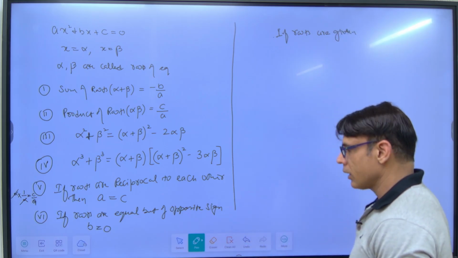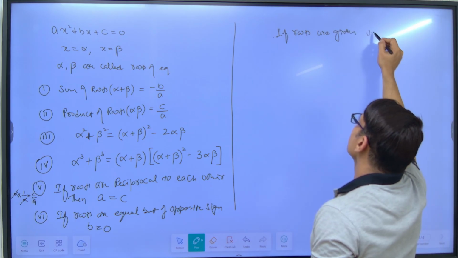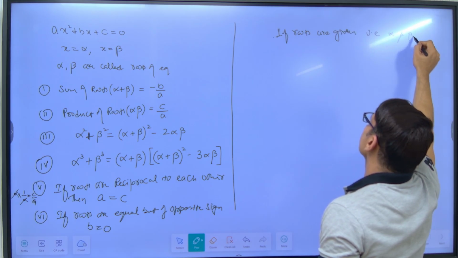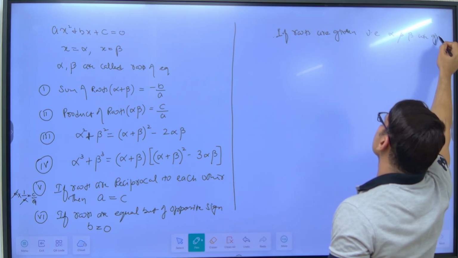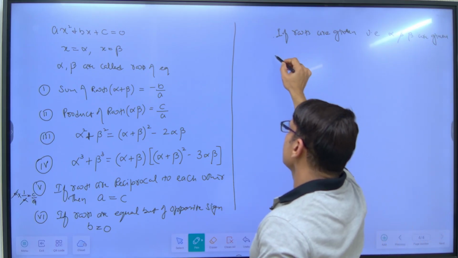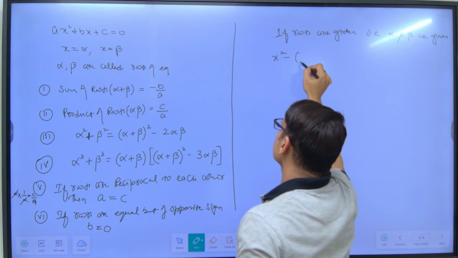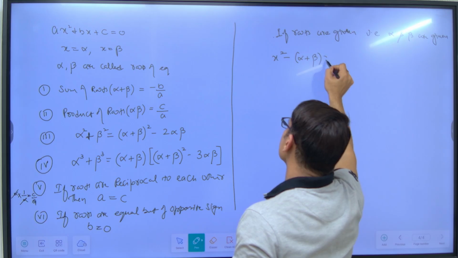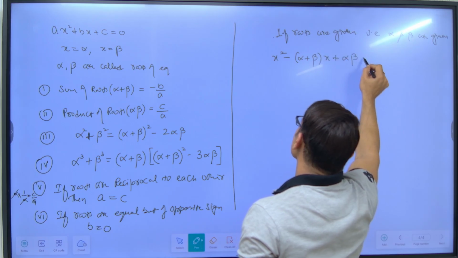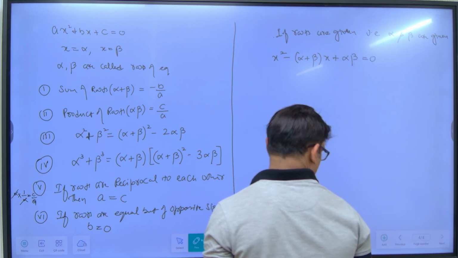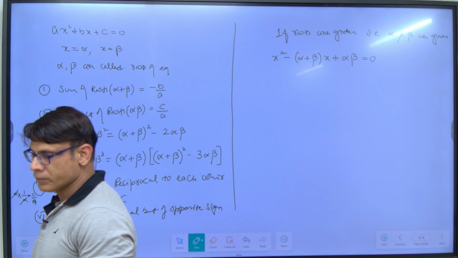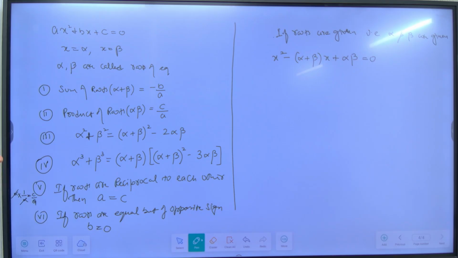If alpha and beta are given to you, then use this formula: x square minus sum of the roots into x plus product of the roots. Use this formula to find the quadratic equation if roots are given.